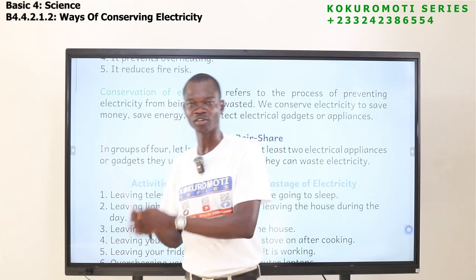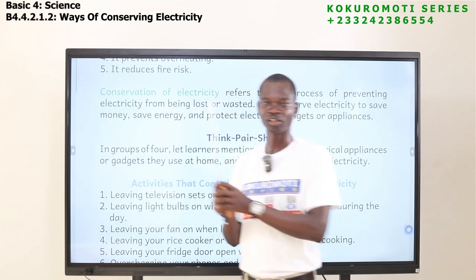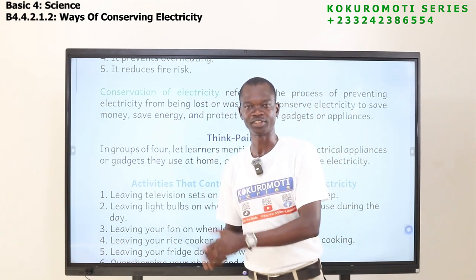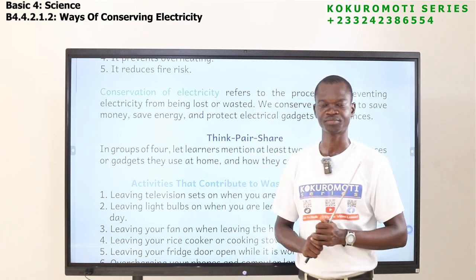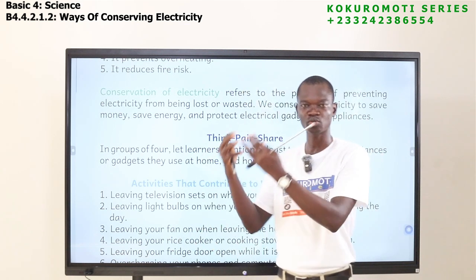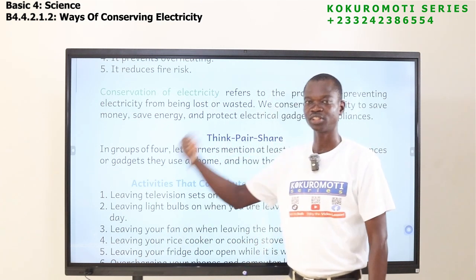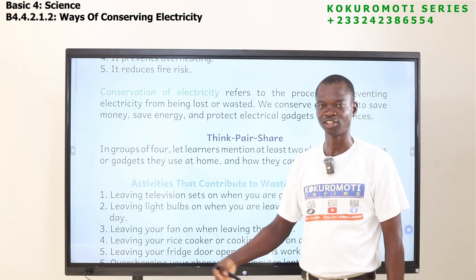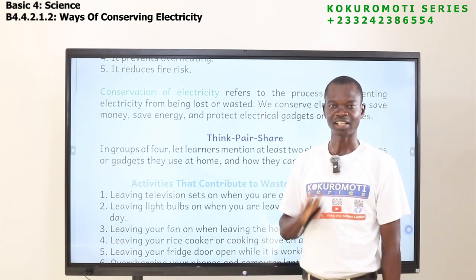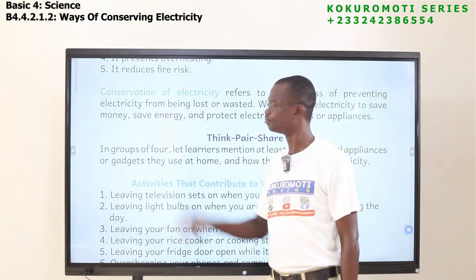So the process of preventing it from being lost or wasted is what we call electricity conservation. That is the efficient and the wise way of using electricity to avoid wastage. That is what we mean by conservation of electricity.